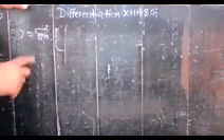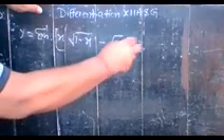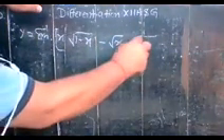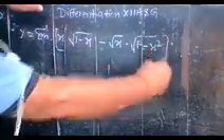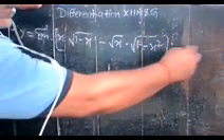Your next question is, if y is equal to sine inverse of (x under root 1 minus x minus root x into under root 1 minus x square), and the condition is given x is greater than 0 and less than 1.